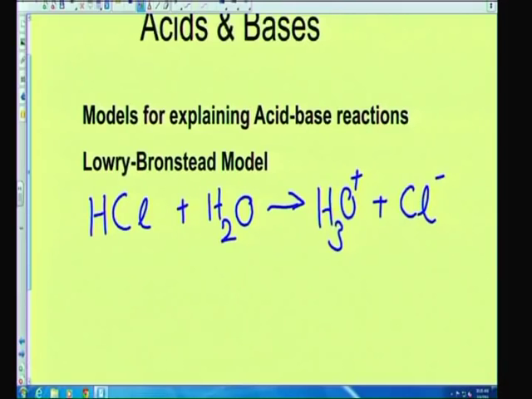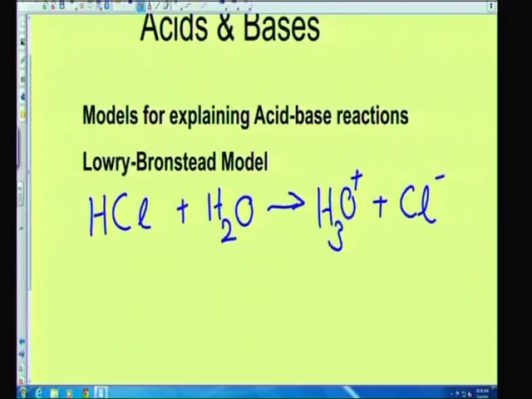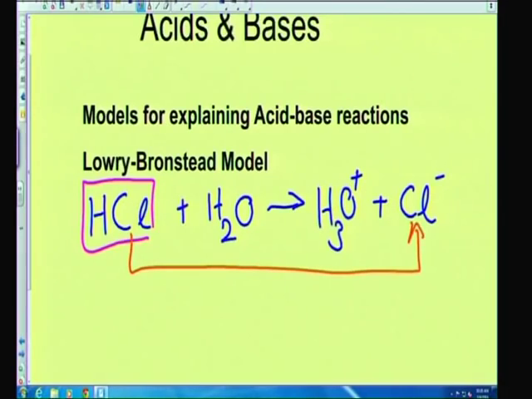Cl−. Now, in this particular example, I want you to take very careful note of what happens to the hydrogen chloride molecule. I'm going to circle it and underline exactly what we're talking about here. So have a look at what's happened to that. Well, the one thing that we can see clearly is that we've got a Cl− left over.